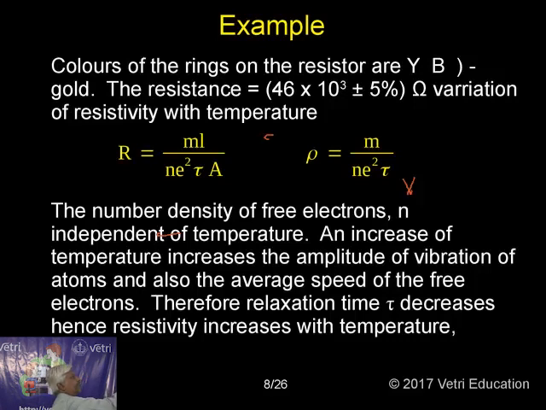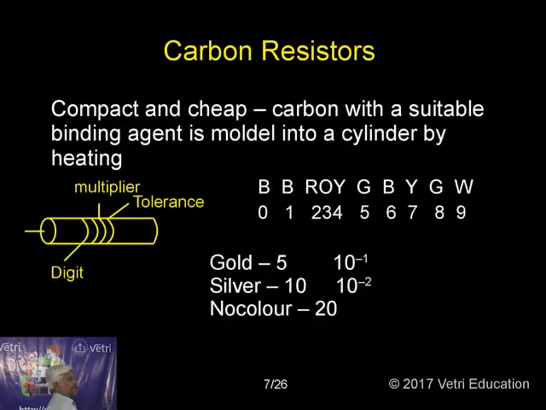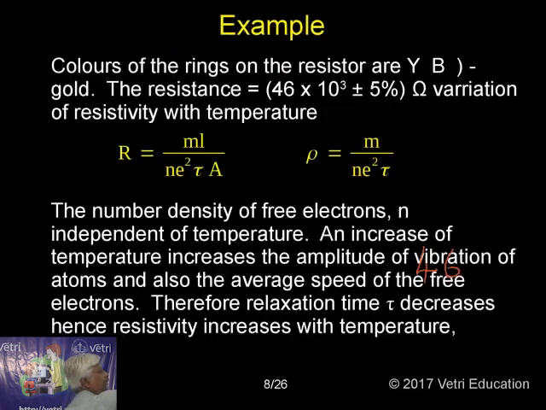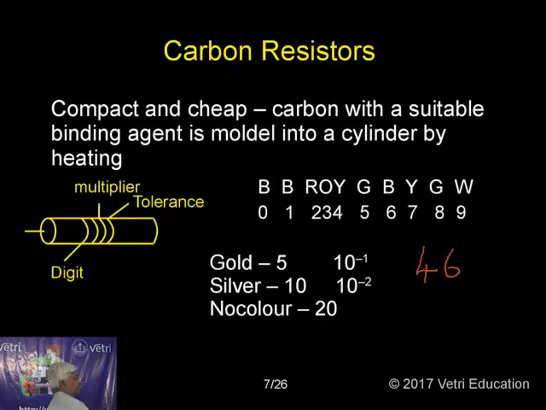Colors for the rings on the resistor are given. The colors are yellow and brown. Yellow has number 4, brown has number 6. Be careful, that gives 46. The third line is called the multiplier.